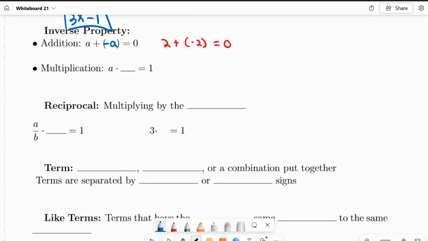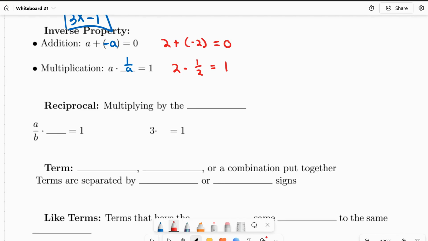So if I have a times its reciprocal, which would be 1 over a, that would equal 1. If we were to work with numbers, I could have 2 times its reciprocal, which is 1/2, which would just give you 1.